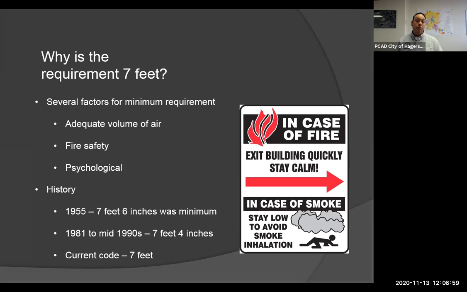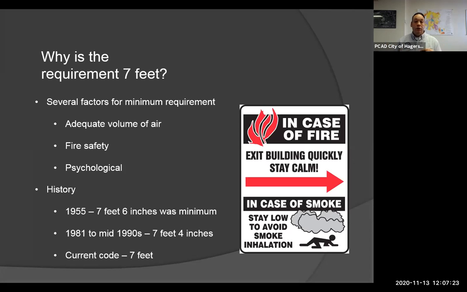So based on adoptions of codes over time in Hagerstown, we've actually lowered the ceiling height to 7 feet. And based on a number of studies, it's not just something that the city of Hagerstown came up with, but a number of experts have found that this is really the lowest ceiling height that you could comfortably go for the reasons that we've already mentioned.